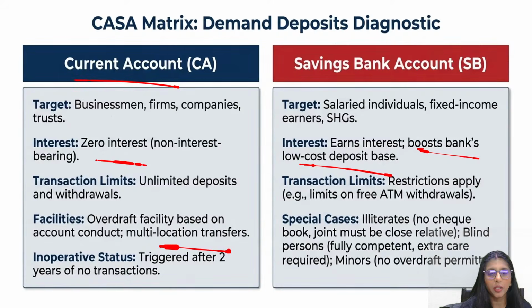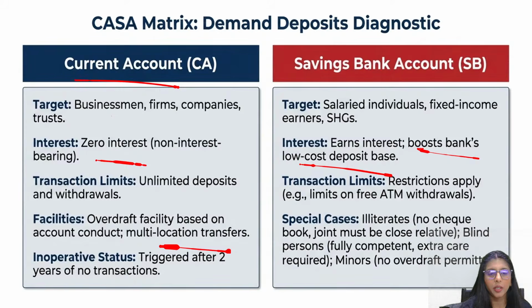What are the documents? It's very important. What are the documents required for opening various types of current account? Documents differ according to the constitution of the customer. Basically, some people open a proprietorship account, partnership account, company current account, trust current account, HUF account. So all these have various types of documents attached.